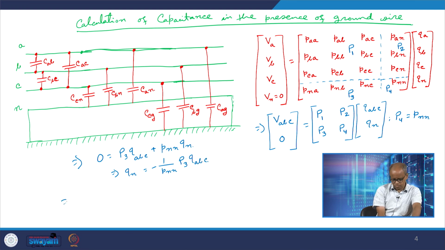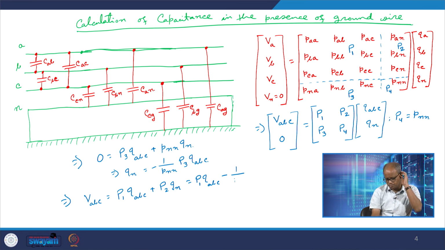So therefore from this, VABC is equal to P1 QABC minus 1 by Pnn P2 P3 QABC.